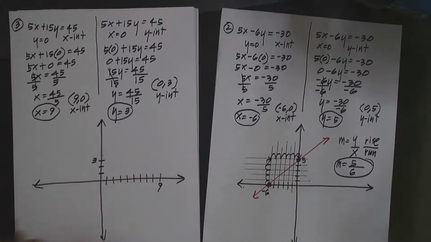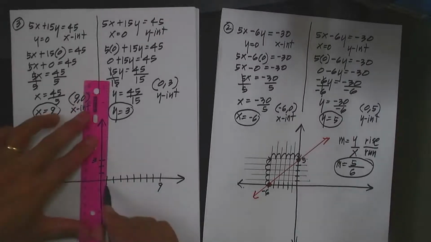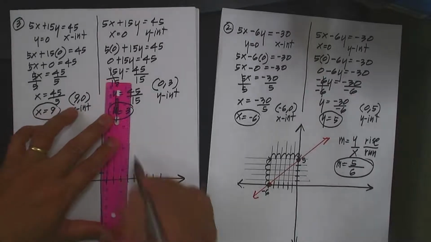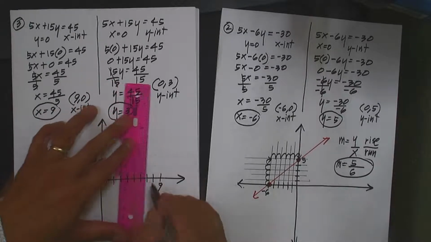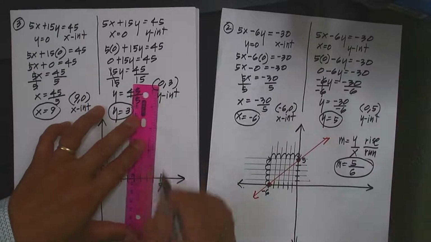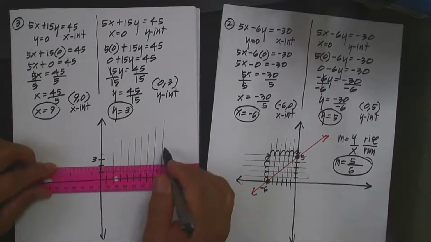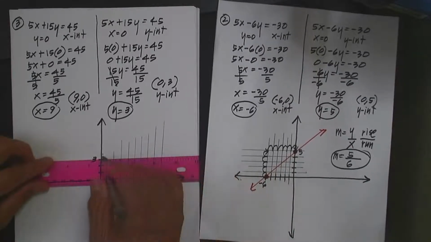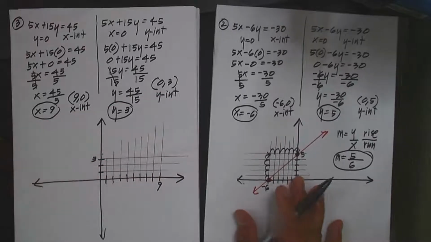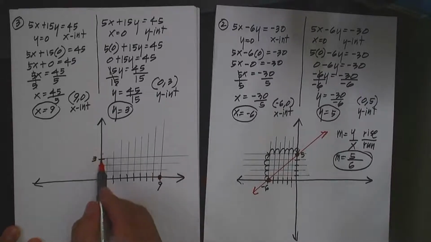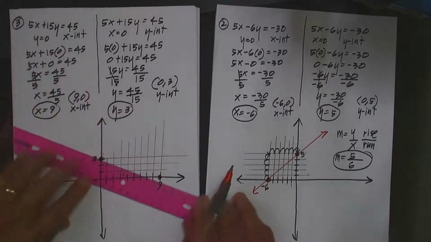And then you're going to make a line so that you can find your slope exact value. Okay? The first point is 0 and 9 right there. Second point, 0 and 3. And then you have to connect that.